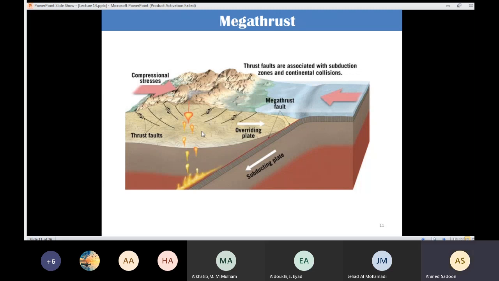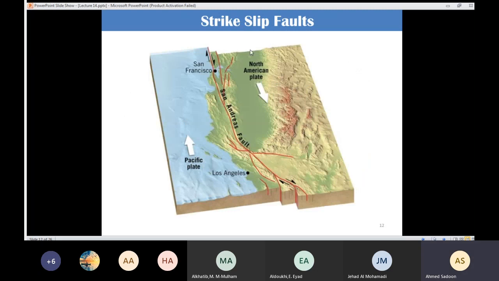And here also we can see the strike slip fault. The displacement is going to take place along the strike direction. And of course, this one is the famous state in the United States of America, California. And this one is the famous San Andreas fault, which is responsible for the earthquakes in California.